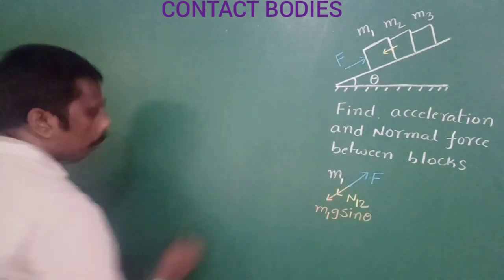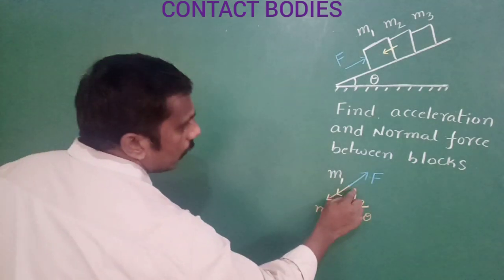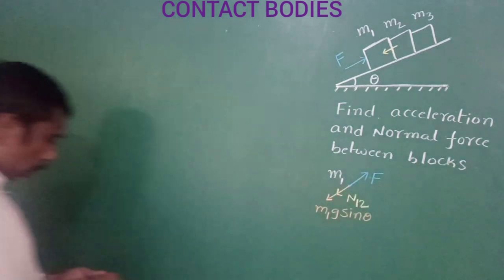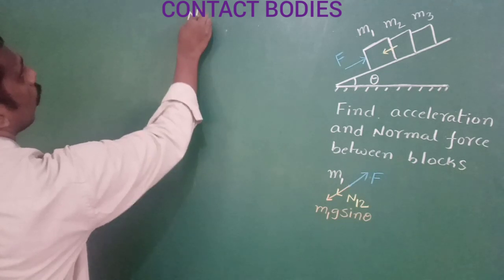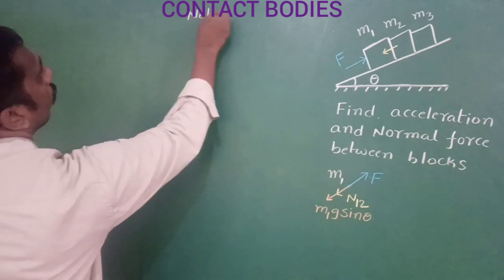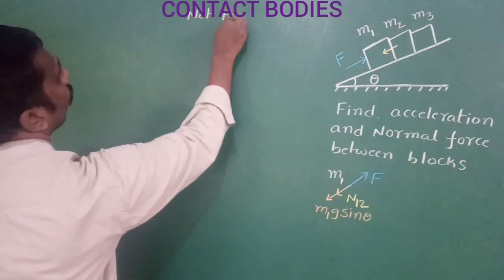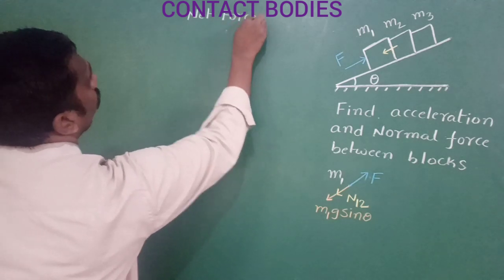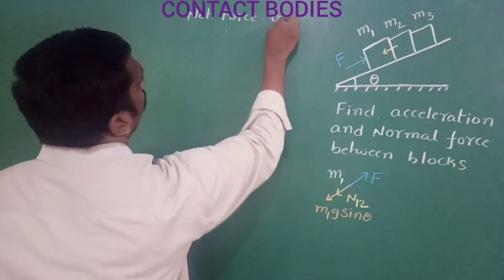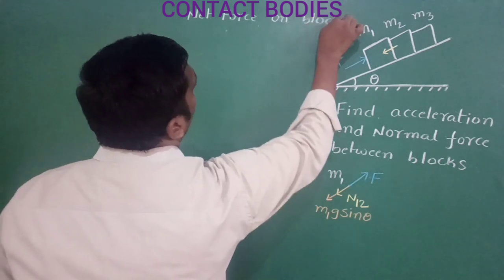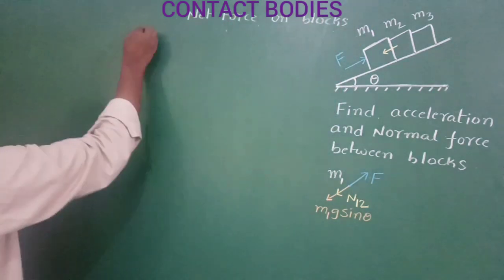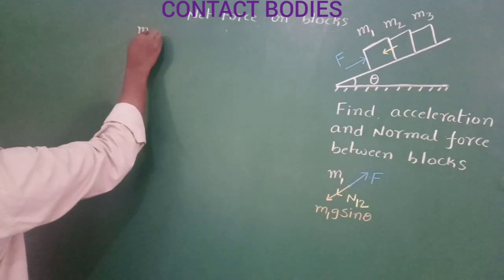The block is going in the upward direction. That's why the net force acting on the block is equal to mass times acceleration. First, writing for m1.